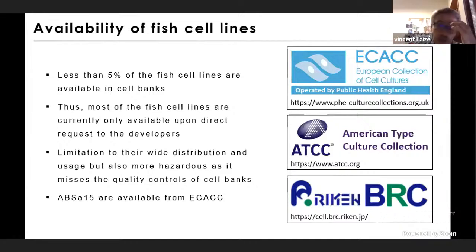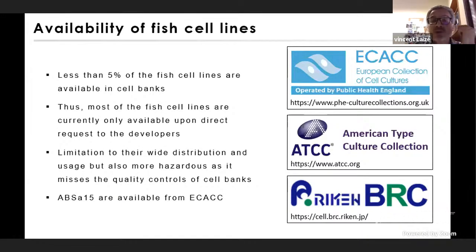This has some consequences. One of the consequences is that whenever you want to have fish cell lines, you have to request them directly from the developer, okay? We all know that most of the time they do not answer. It's very difficult to get a cell line when you ask directly the developer.